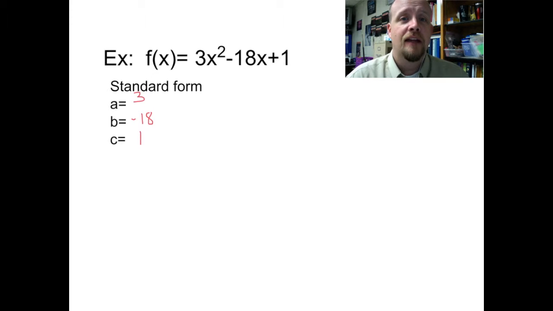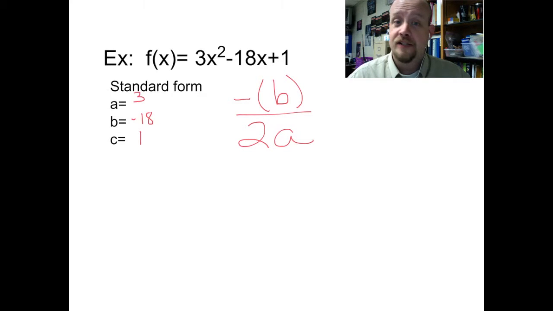To find the axis of symmetry, which passes through the vertex, we need the x coordinate of the vertex. From when we talked about finding the vertex, that x coordinate is found by negative b divided by 2 times a.